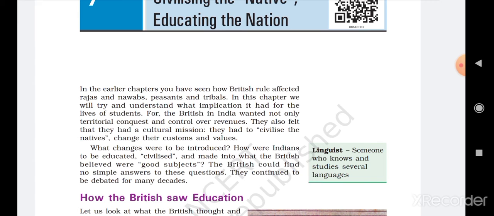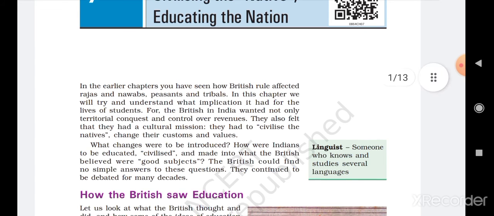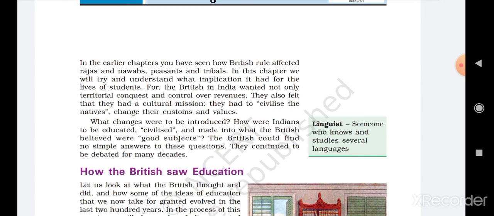Now let's get to the next thing: what changes were to be introduced, and how were Indians to be educated, civilized, and made into what the British believed were good subjects? The British could find no simple answers to these questions. They continued to be debated for many decades. So to educate or civilize the Indians, what changes should be introduced, and how would Indians be educated or civilized and made into what the British believed were good subjects?